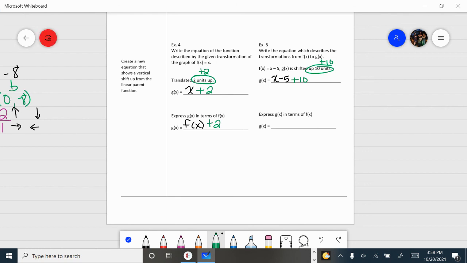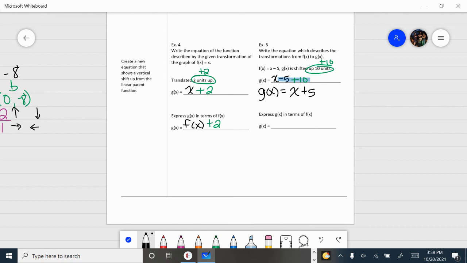We want to look at one y-intercept. So what we're going to do is we're actually going to combine the negative 5 plus 10. So we're going to get g of x equals x plus 5. Because when we do negative 5 plus 10, we get plus 5.